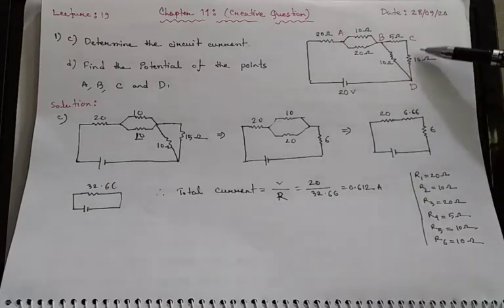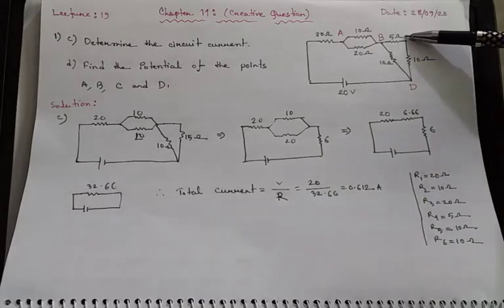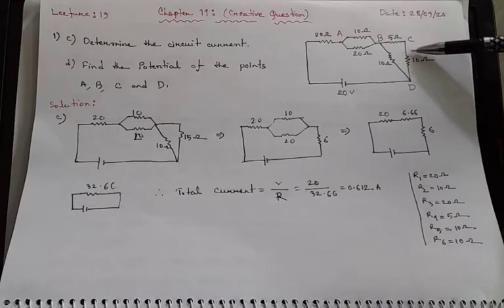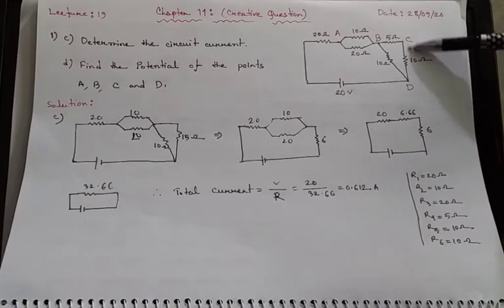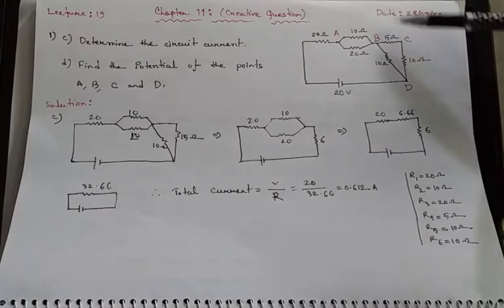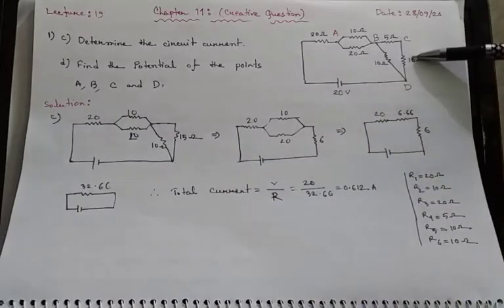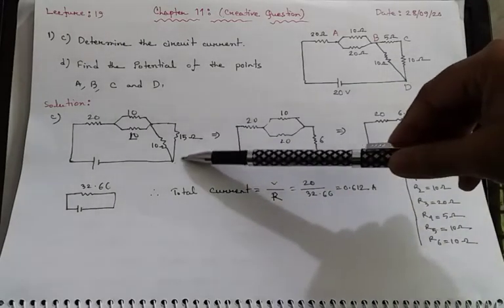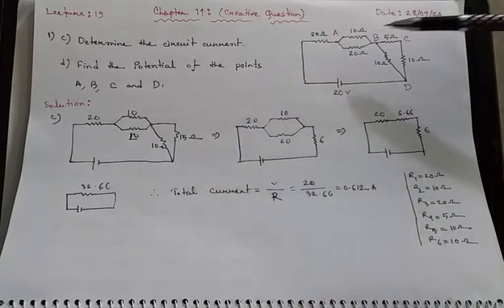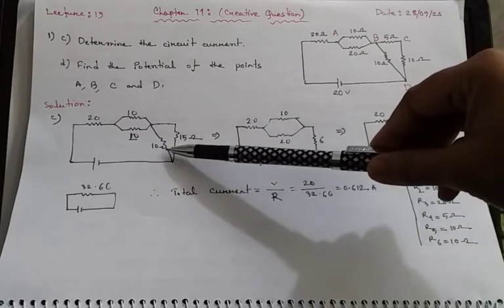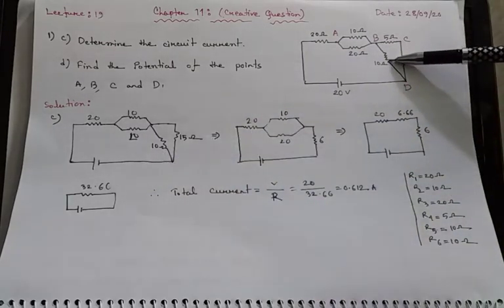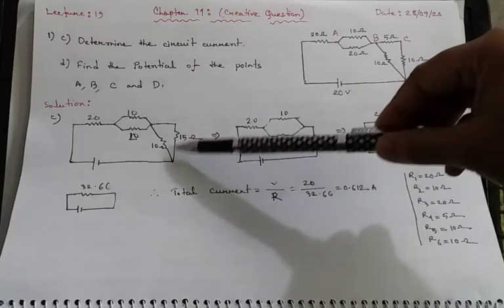So from the circuit, 5 ohm and 10 ohm are in series, and with them 10 ohm is in parallel. After making the series combination, the equivalent resistance for 5 and 10 ohm will be 15 ohm. Then this 15 ohm and the remaining 10 ohm are in parallel here.